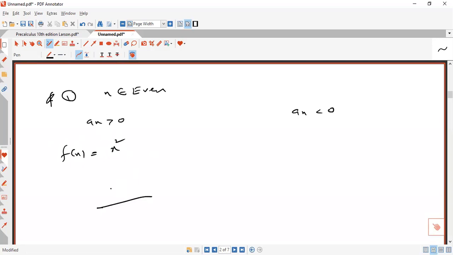So here you may see that the graph of this function will be a parabola. Now what will happen if I put a largest value? If x tends to infinity, where will the function go? The function will also increase, as you know this is increasing. And in the same way, what will happen if I put x very small, that is, x tends to negative infinity?